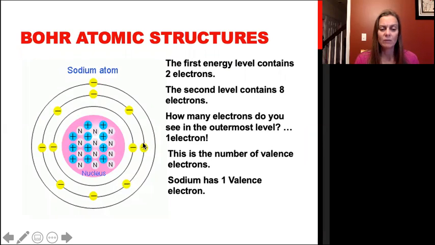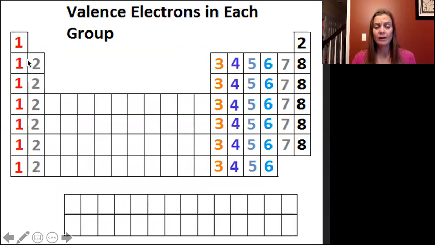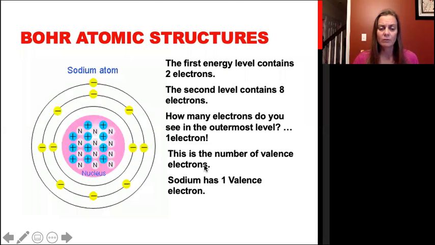So by losing 1 electron, sodium actually has a full outer level. So these ones that have 1 and 2 and 3 valence electrons are going to lose electrons. And so they're going to form ions with charges of +1 for the group 1s, +2 for the group 2s, and +3 for the group 3s.